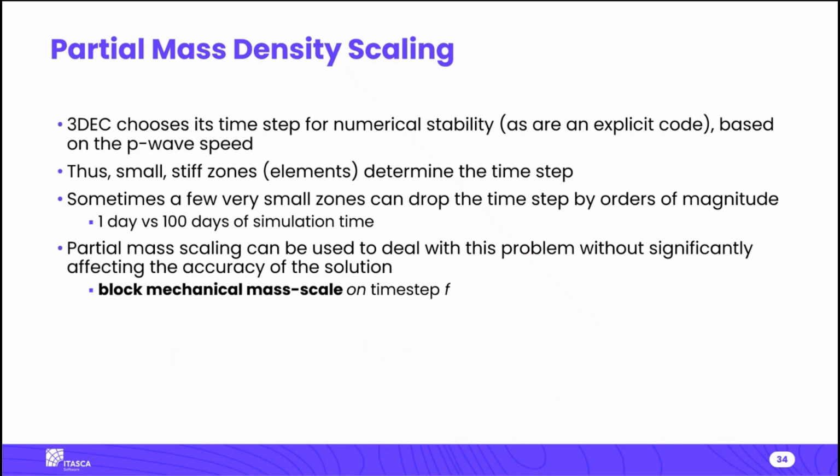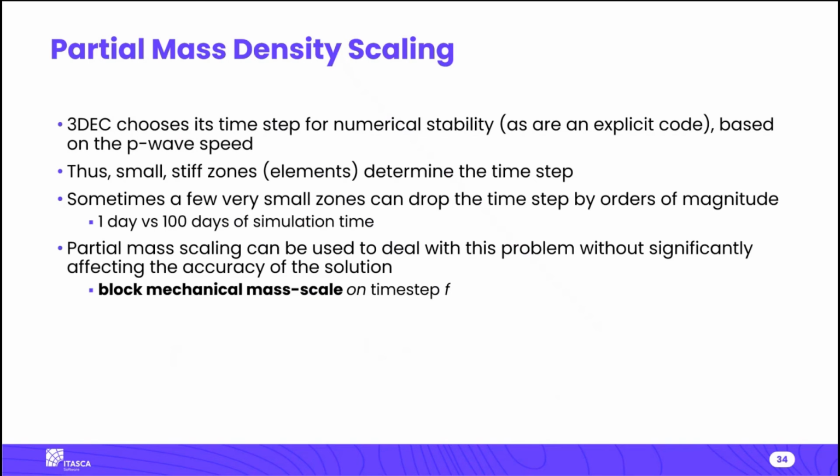And we do it in such a way that it doesn't change their vertical displacement due to gravity. It's sort of a behind the scenes thing that just increases the mass that is used to calculate the time step. And so this is called mass density scaling. And it works great if you don't necessarily care about the integrity of your waveform and you're just trying to get to a steady state solution.